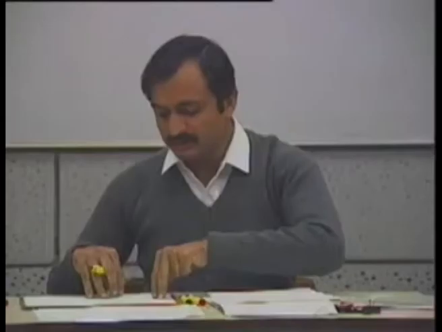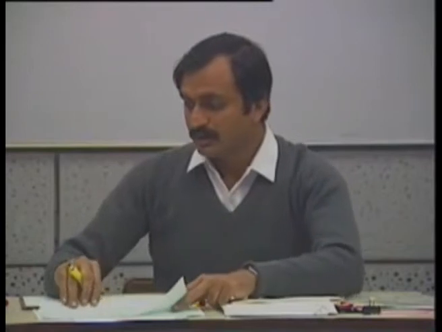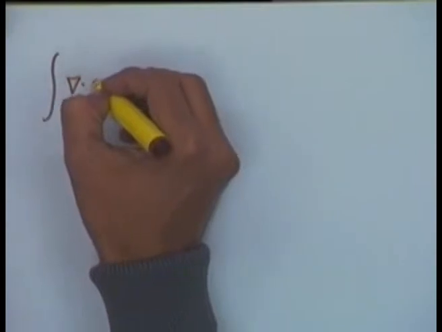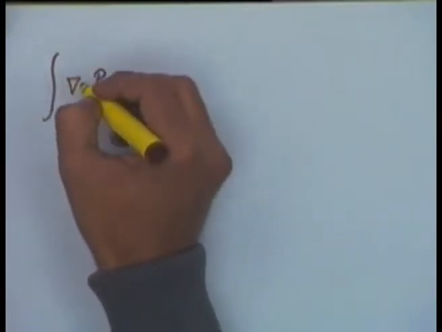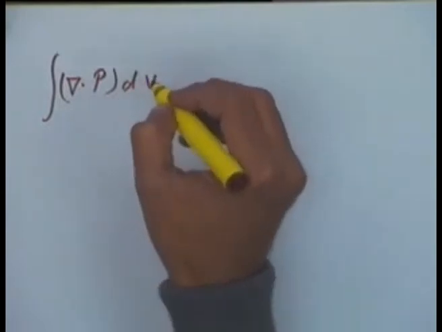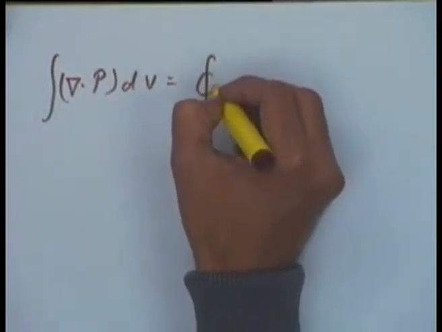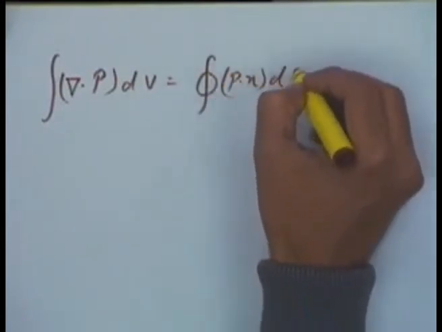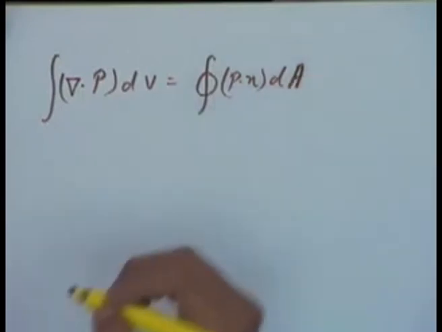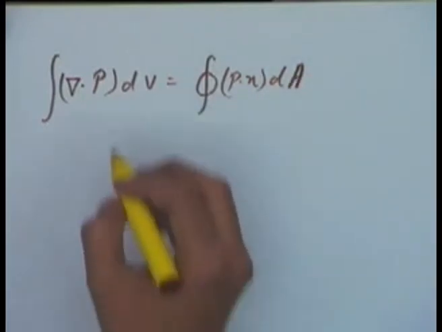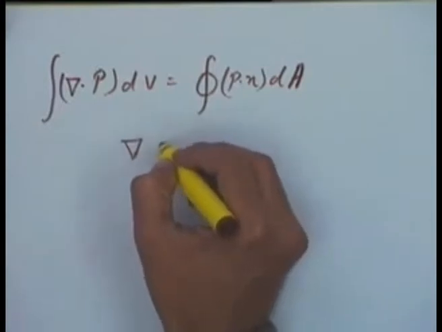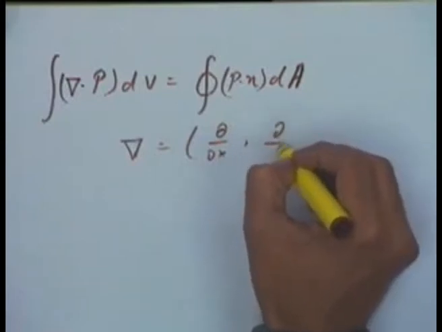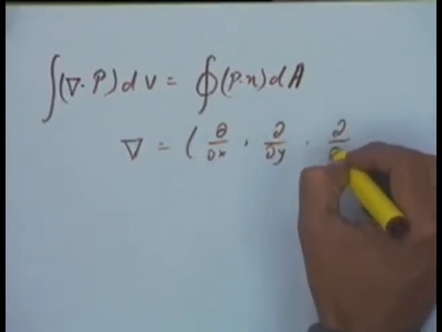For breaking down a volume into the surface integral, we will use what is called the Gauss's theorem. Integral of del dot P with dV is equal to the closed surface integral of P dot n with dA, where the del operator is del by del x, del by del y, del by del z.